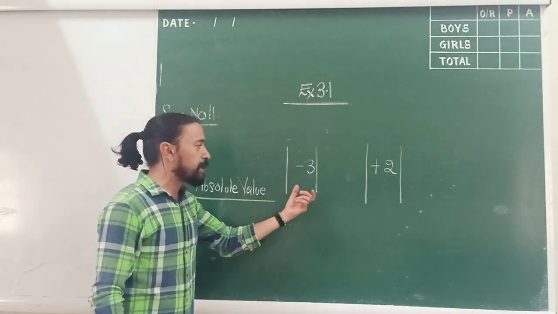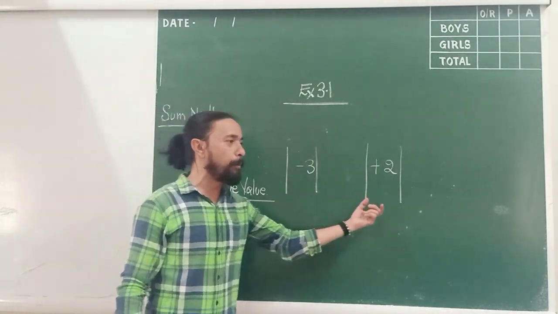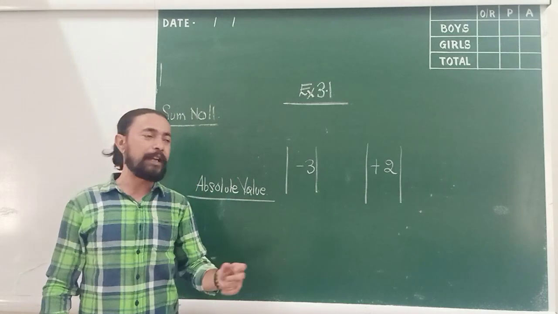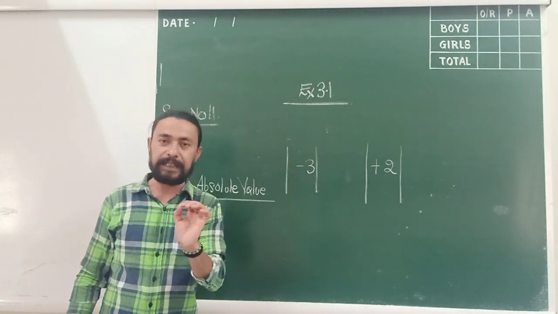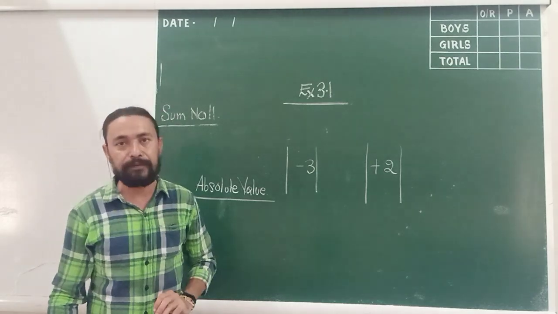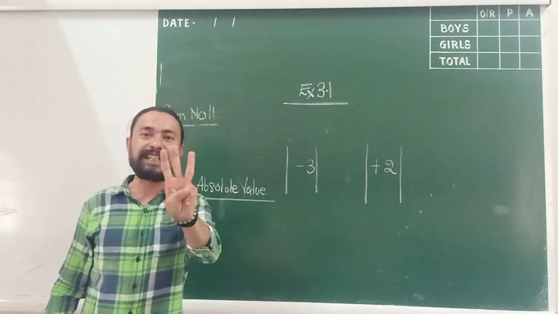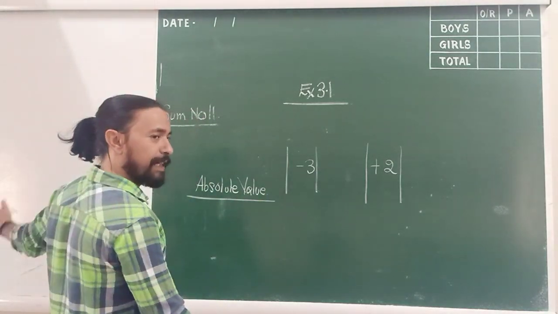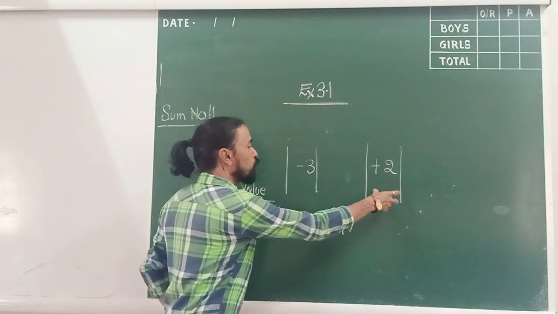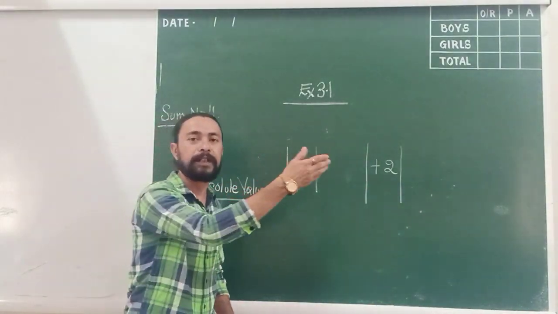So, irrespective of a number being negative or positive, the absolute value of a particular number between two vertical lines is the number itself. Because you see the number line, then minus 3 is 3 places away from the 0 towards the left. And plus 2 is 2 places away from the 0 to the right.